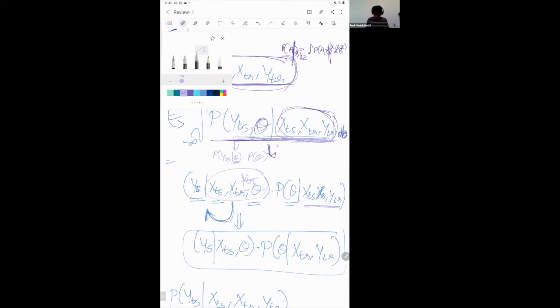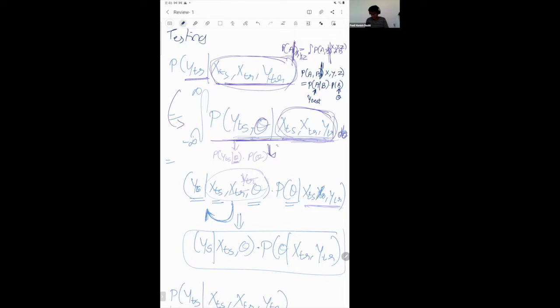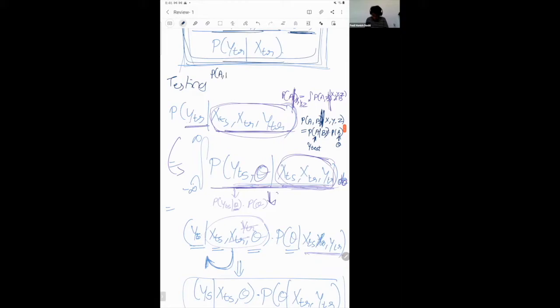What I'm doing is just probability of a given b is probability of a and b, which is probability of a given b into probability of b. Now here b is my theta and a is my y test. And as I said, you can put in any number of variables that you have here, x, y, z. Then this would still hold.